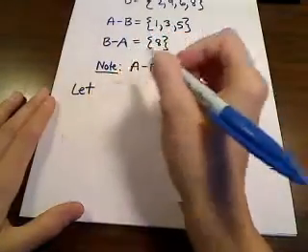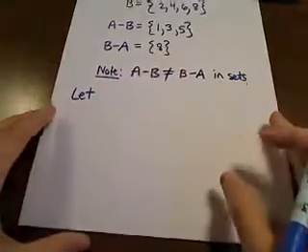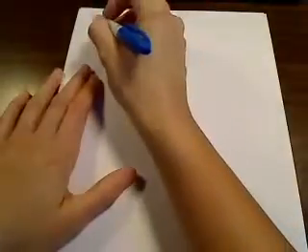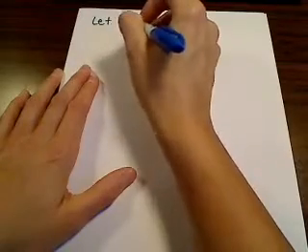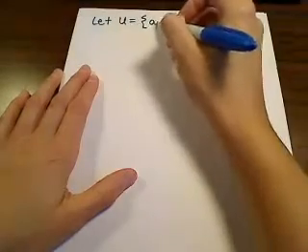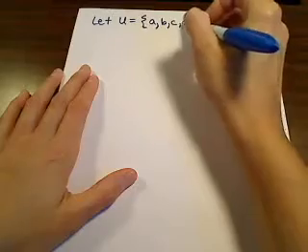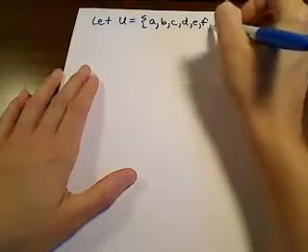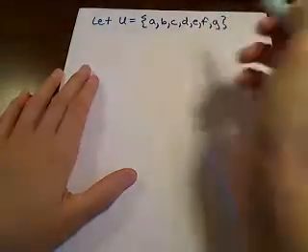So what I'm going to do is I'm going to get a new piece of paper. I'm going to let U, the universal set, be the set containing the elements A, B, C, D, E, F, G. Okay.